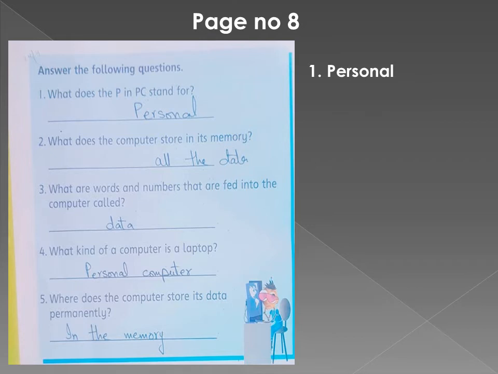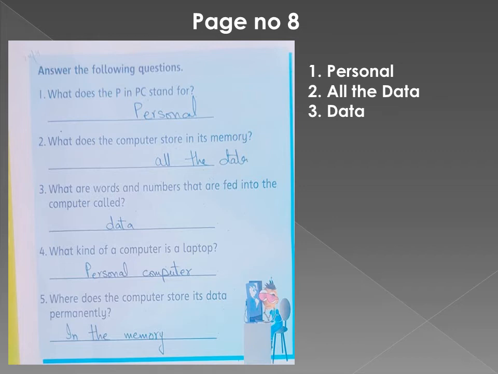Second question. What does the computer store in its memory? The computer stores all the data in its memory. What are words and numbers that are fed into the computer called? Anything fed into the computer is called data. Number 4.